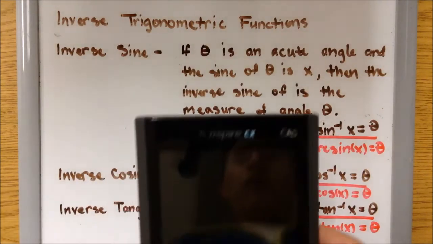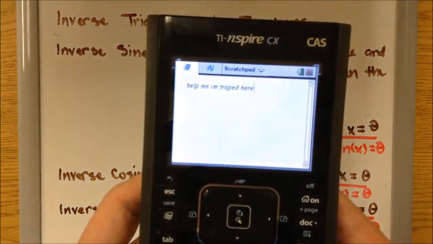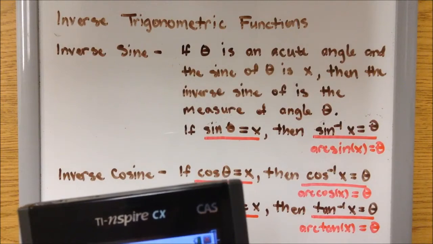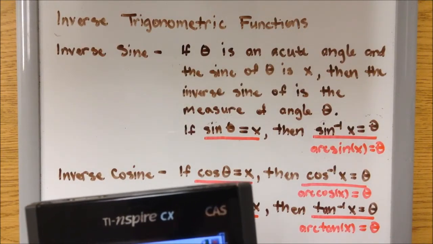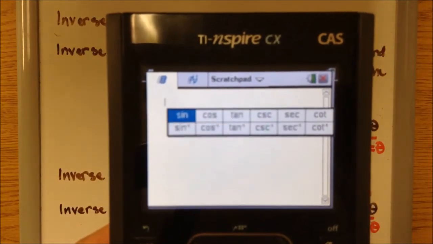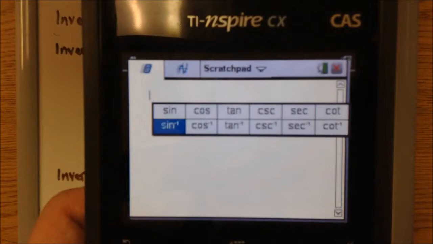So here on a calculator, if you go to calculate, and then let me clear this up. Now here you would go to trig, the bottom or the inverse trig function.